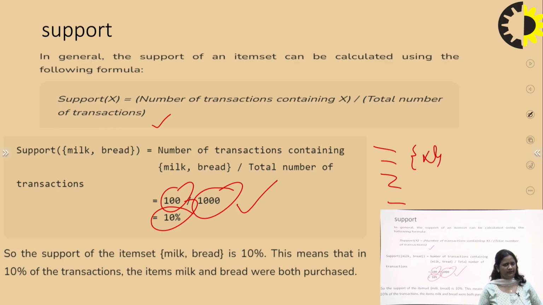Are you getting my point? If there are 1000 transactions, then in 10% of them the item set milk and bread were both purchased.